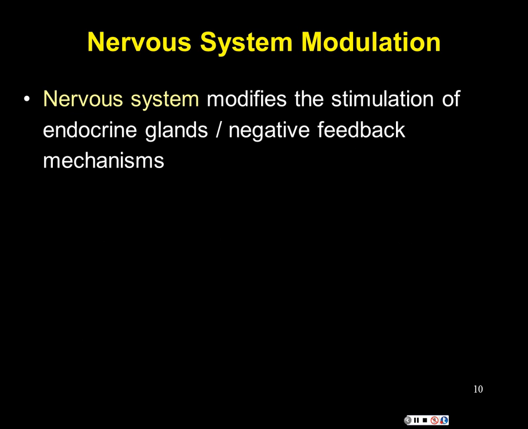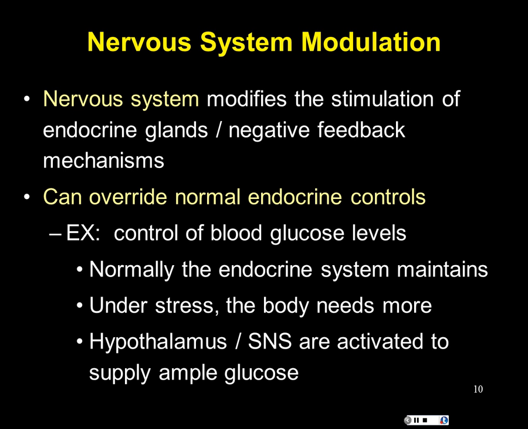The nervous system, still haunting you, right? It can certainly override the endocrine system by negative feedback mechanisms. Maybe a better way to describe this, I have it in the very last sentence, is when the sympathetic nervous system is activated.